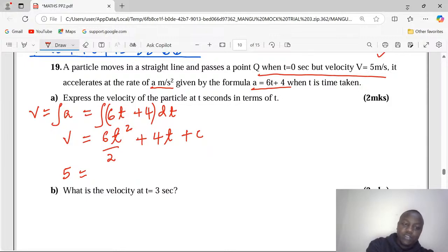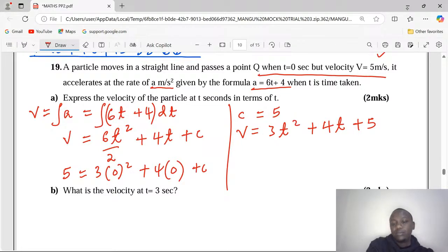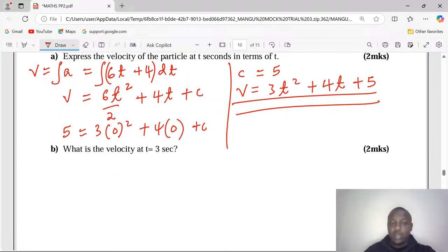So instead of 6 over 2, remember we can have it as 3, times t squared, plus 4t plus c. The value of c is equivalent to 5, which means v equals 3t squared plus 4t plus 5. This is now the particular, specific velocity function.